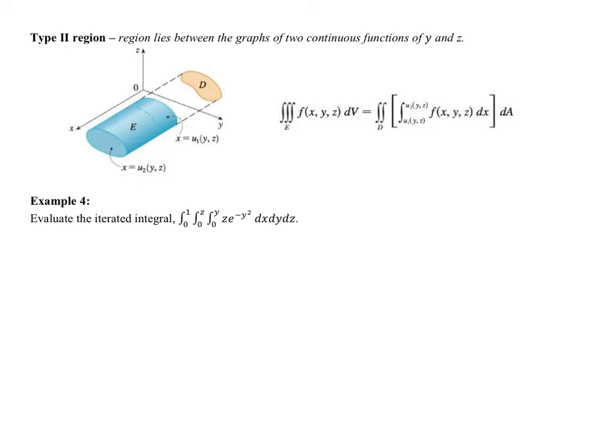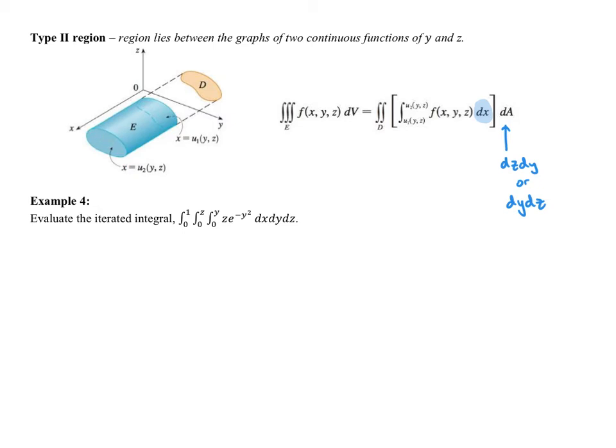Well, in type 2, the innermost integral, as you can see up here that I'm highlighting, is dx. And what that means then is that the rest of it is either dz dy or dy dz. So we are projecting, and again, you can go to your image here. You have this region E, this volume that you're integrating over.